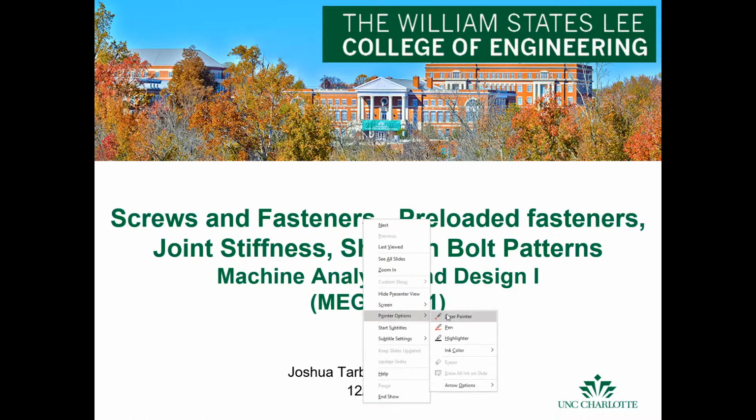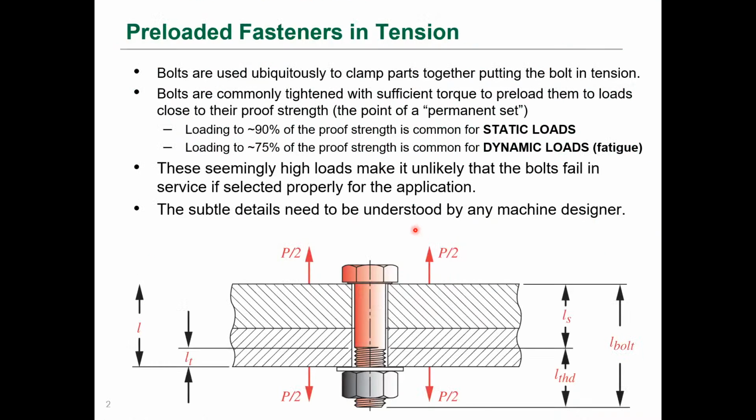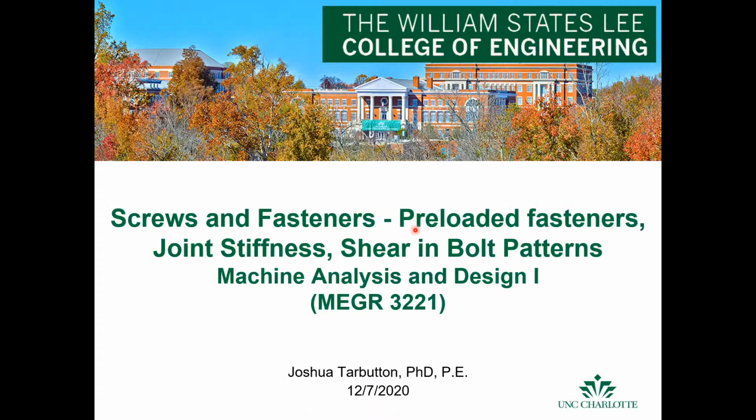So today we're going to be talking about bolts, screws and fasteners, continuing to finish up that chapter. And we're going to be talking particularly about the preload and fastener, which is not necessarily super intuitive.